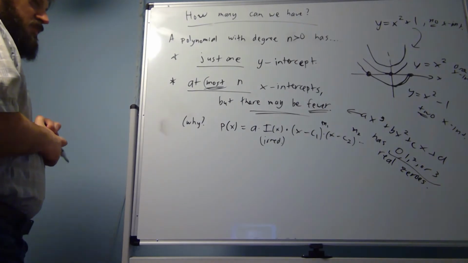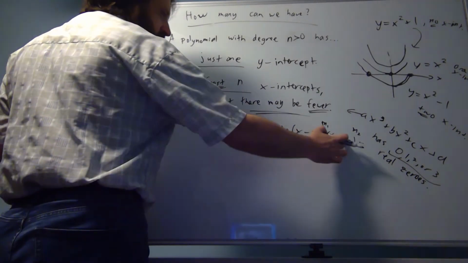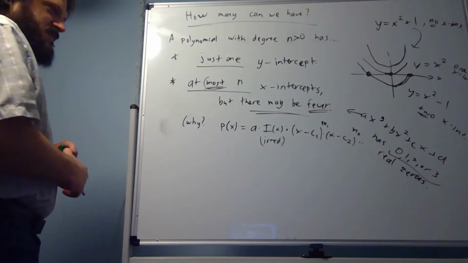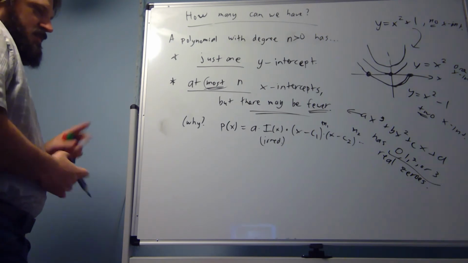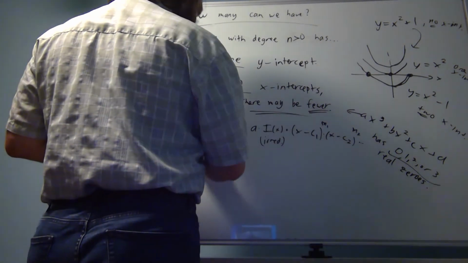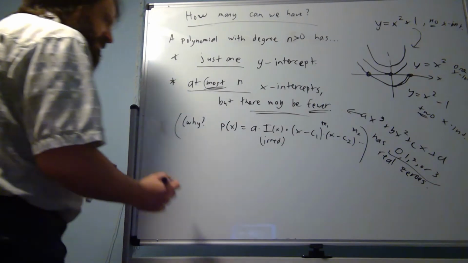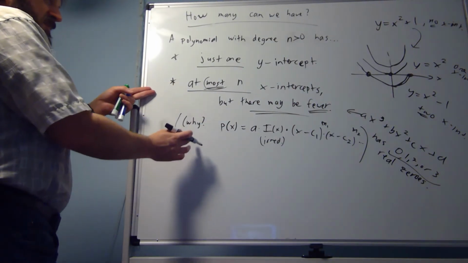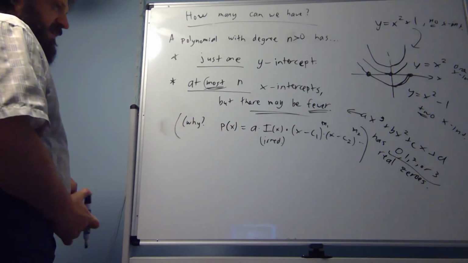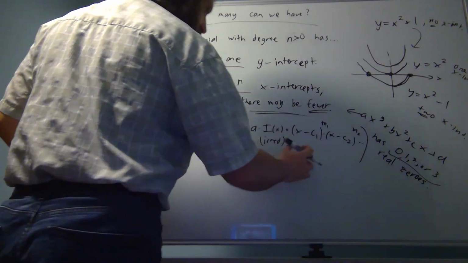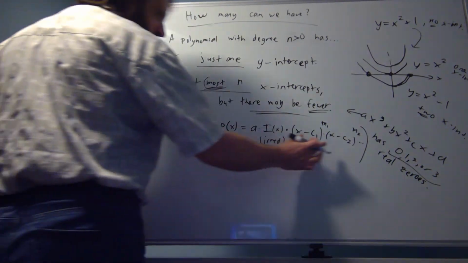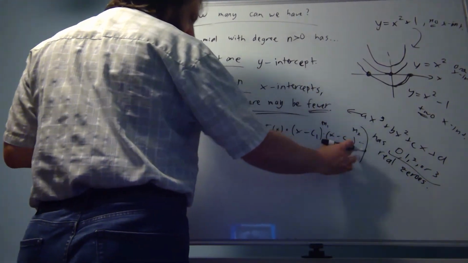So we have these zeros, c1, c2, with multiplicities m1 and m2. The previous video basically explains why you just factor, and eventually everything that could make the function 0 ends up in one of these.